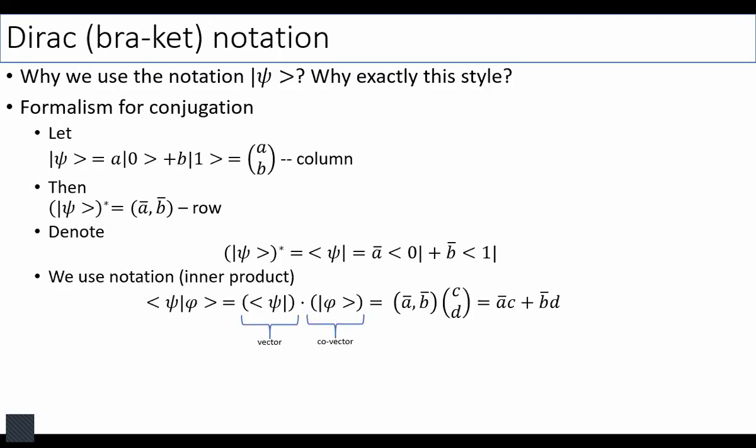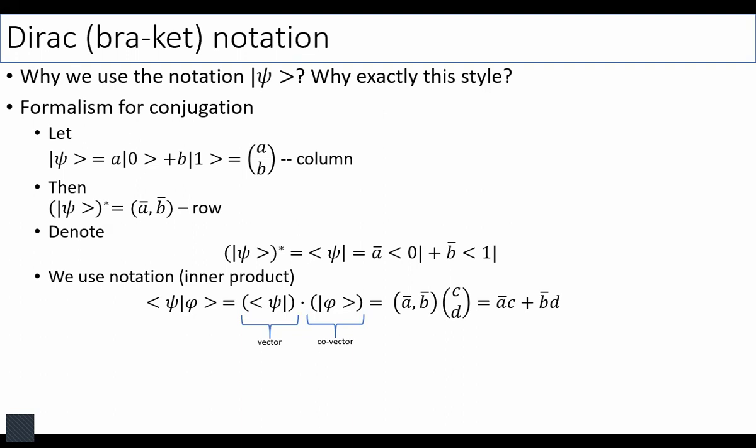And in that case, for the inner product, I mean, it's not a scalar product. A scalar product is something between two vectors, but this is an inner product. So I write it like this, meaning that the first row is multiplied by the second column.